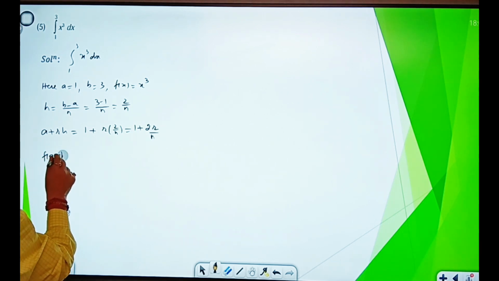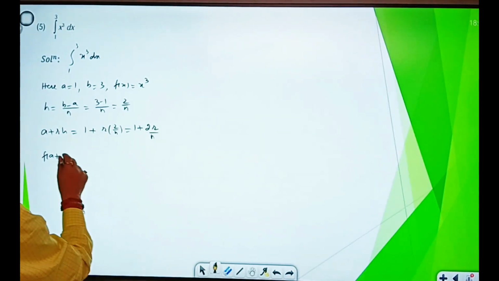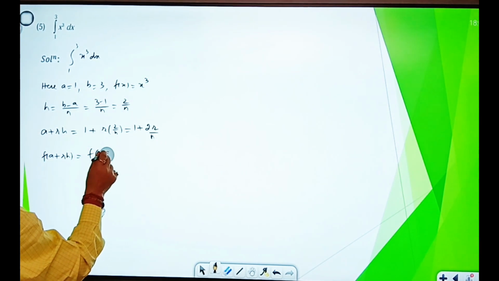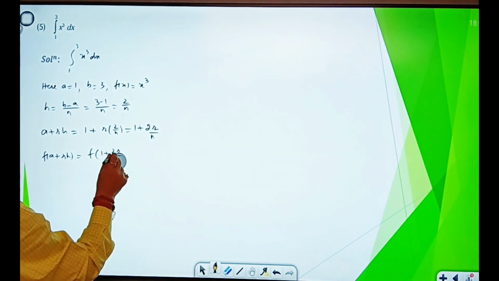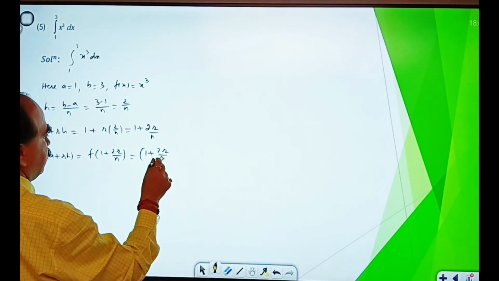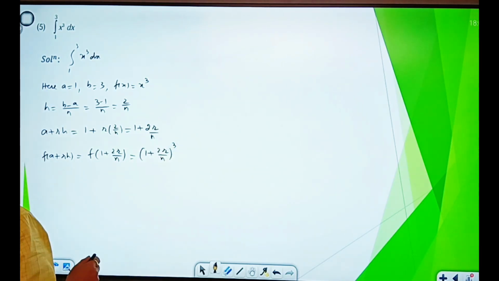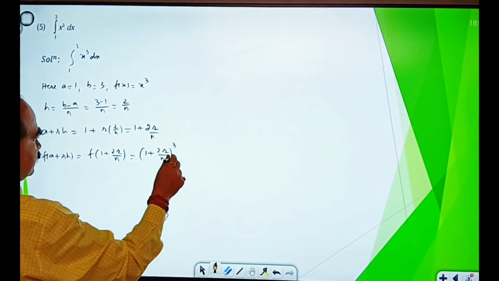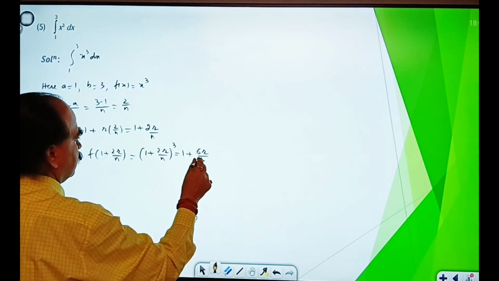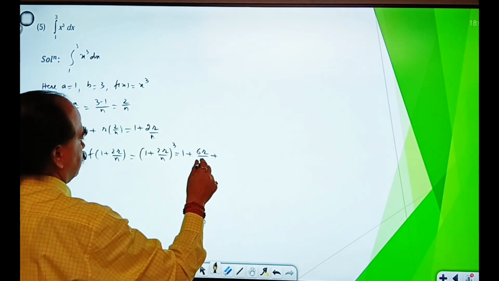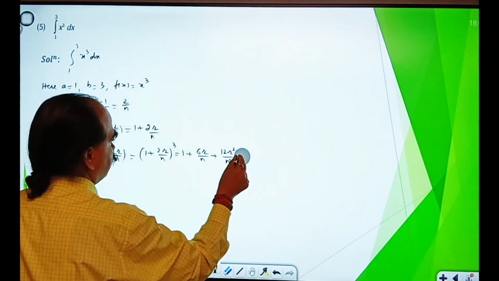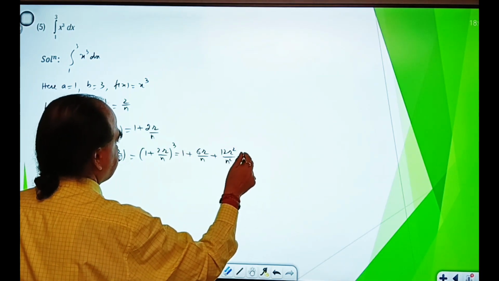f of a plus rh, f of 1 plus 2r by n, which is what? 1 plus 2r by n whole cube, which is nothing but 1 plus 6r by n plus 3 into 4, 12r square by n square, plus 8r cube by n cube.